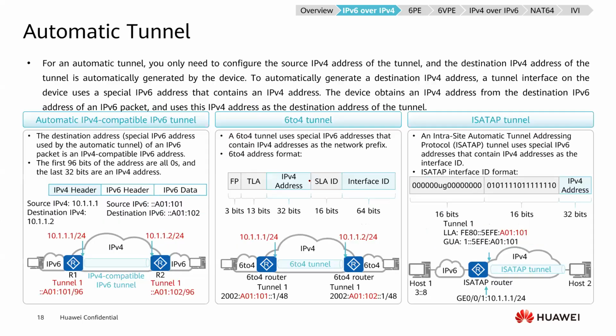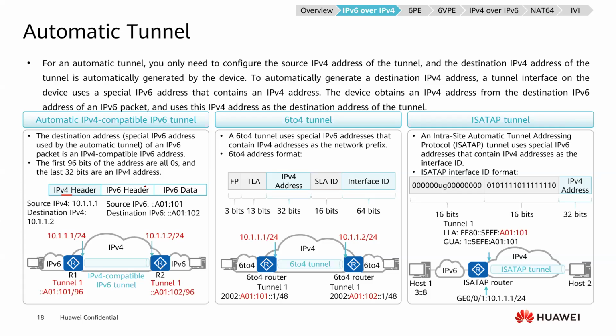And we will introduce the automatic tunnel. The automatic tunnel is about the destination IPv4 address, because the border device needs to change the v6 packet to a v4 packet, right? So for the IPv4 header, you need to contain the source IPv4 address and the destination IPv4 address, right? For the source IPv4 address, you need to configure it by yourself. And for the destination IPv4 address, you can get it automatically.